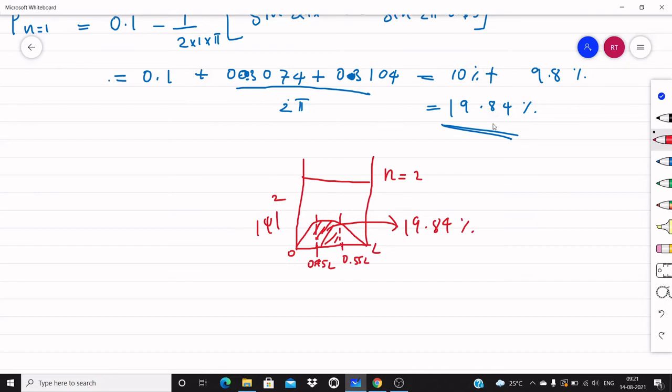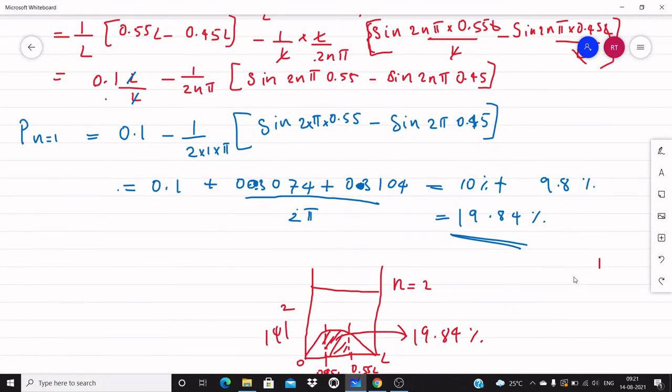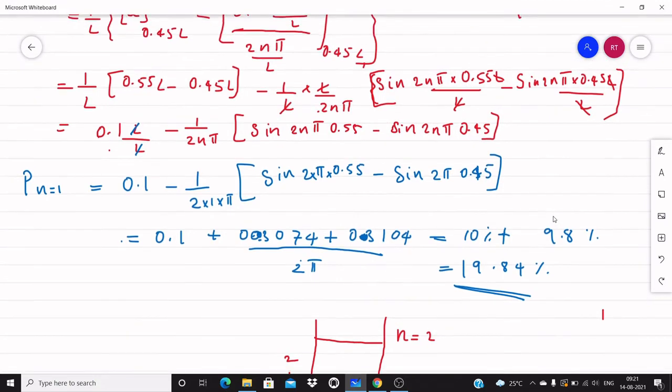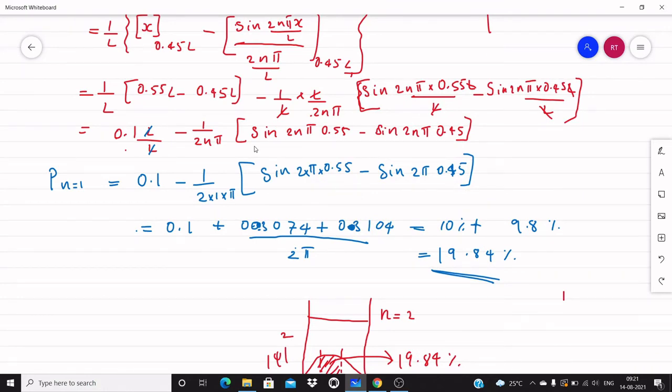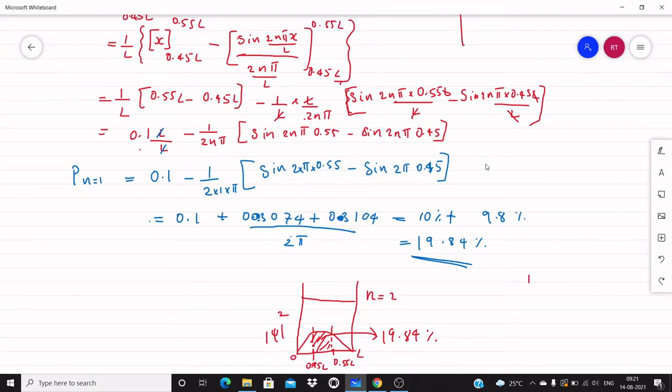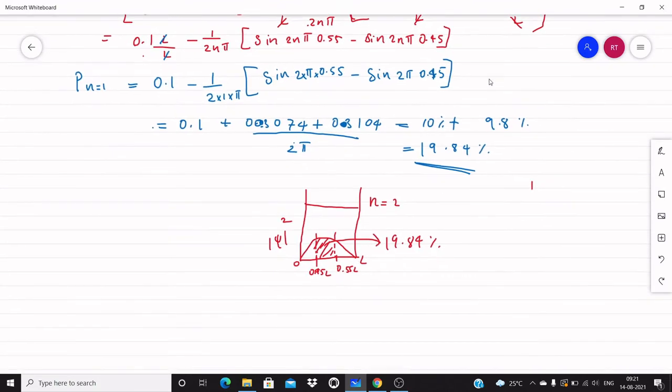Now we have to calculate the second case when n is equal to 2, that is for the first excited state. For that we have to go back, sorry, you have to begin with this equation. So P of n is equal to 2.